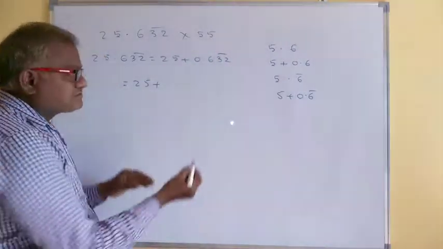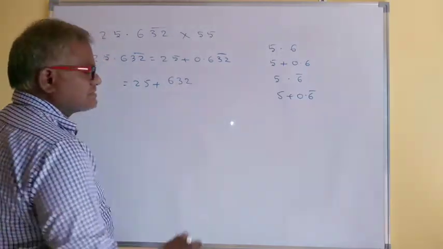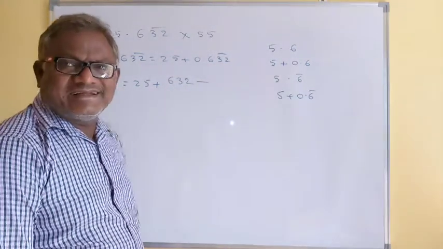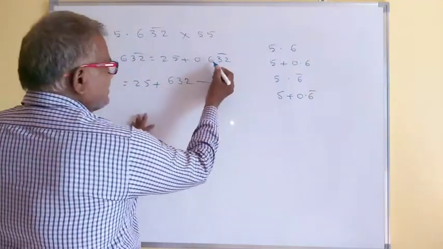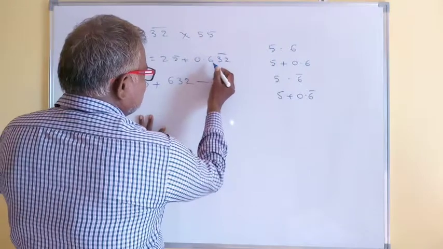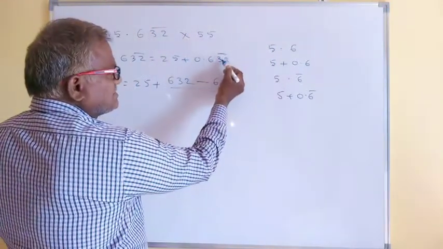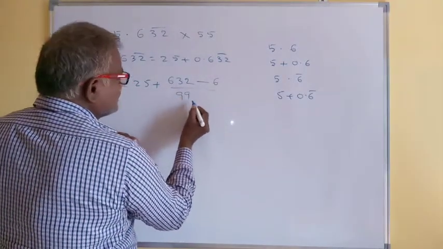So you can write 25 plus, using the previous method, the complete number. Which is the complete number? 632 is the complete number, minus the non-repeating digit. What digit? 6. Minus, then the number of digits in the recurring part. How many digits? 2 digits, so write down 2 nines.